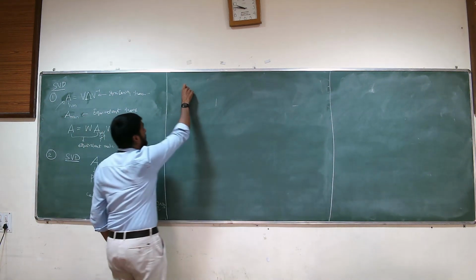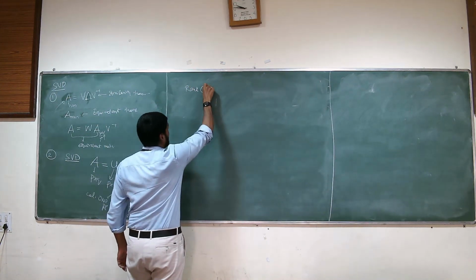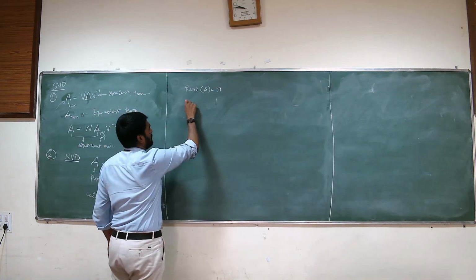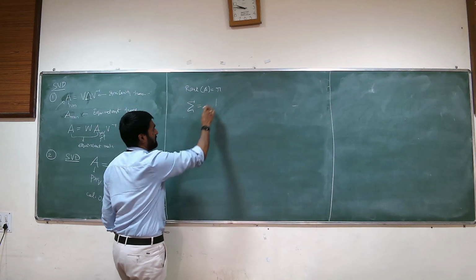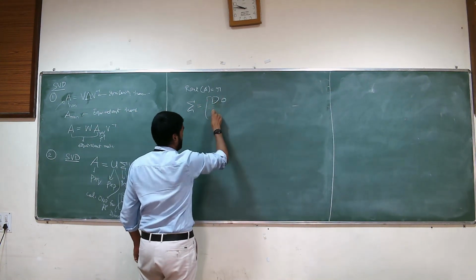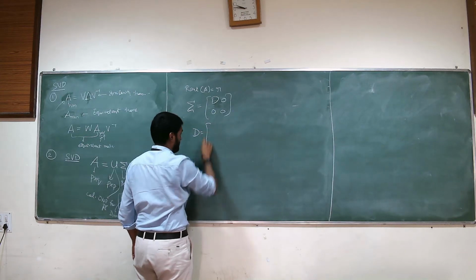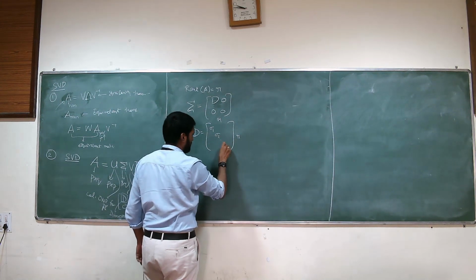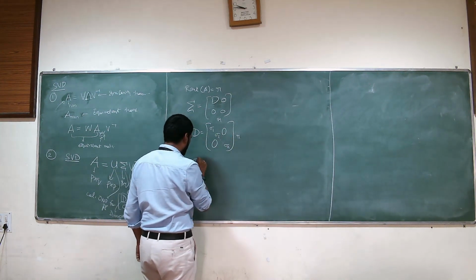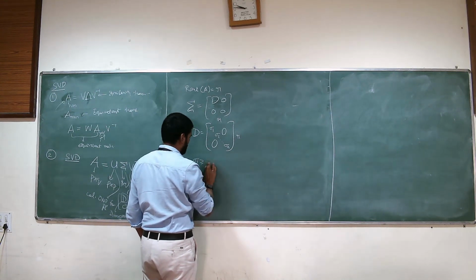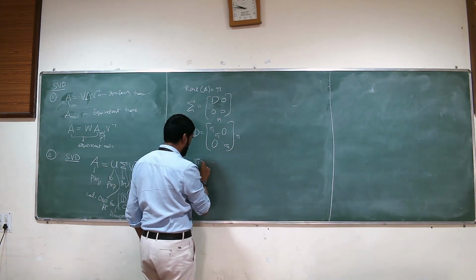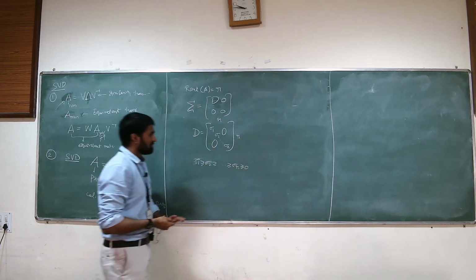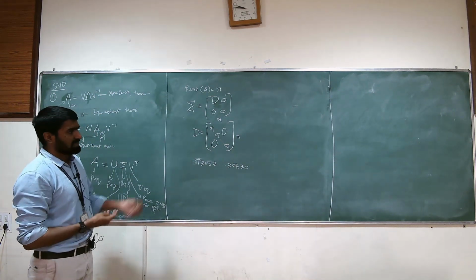Now, if the rank of A is R, then what can we say about sigma? So this will be 0, 0, 0, 0. D will be R cross R, and this is diagonal, and the convention is we always have sigma 1 through sigma R greater than or equal to 0. I think this is where we start.